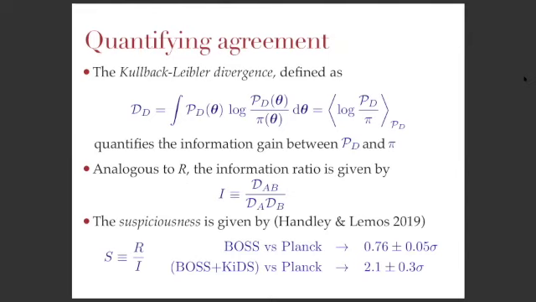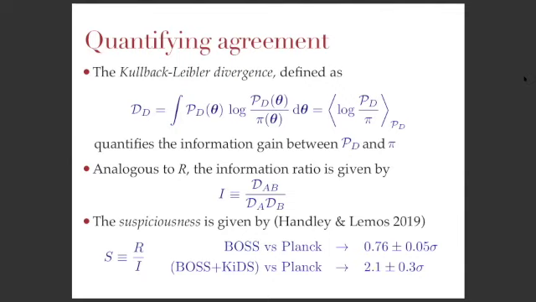What we use is this suspiciousness statistic. This is a Bayesian quantity that measures the degree of tension between different data sets. This is a bit difficult to interpret, but the results can be cast in terms of sigmas of tension. If you just look at BOSS and Planck alone, they are completely consistent.